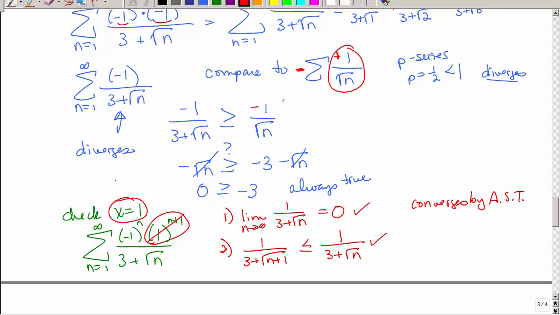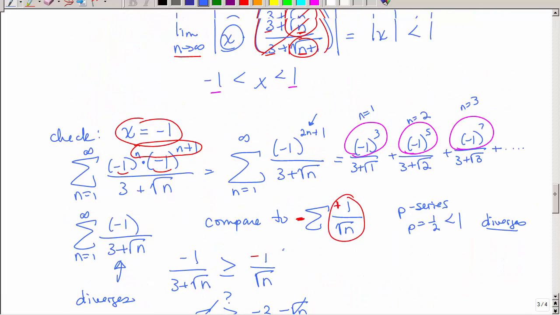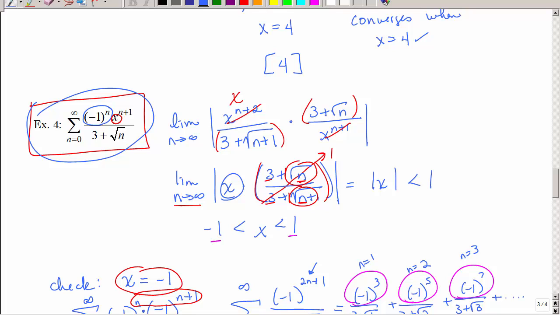It means you would include the 1 as part of your domain. So the original series converges for negative 1 less than x less than or equal to positive 1. In other words, we would have parenthesis negative 1, positive 1 bracket. So that would be the domain at which our original series converges.